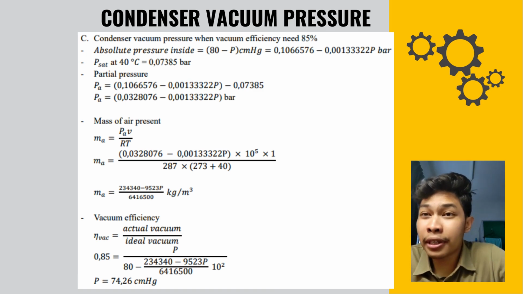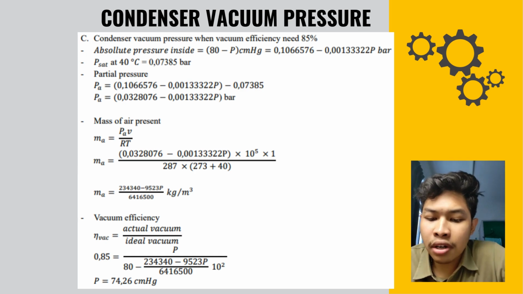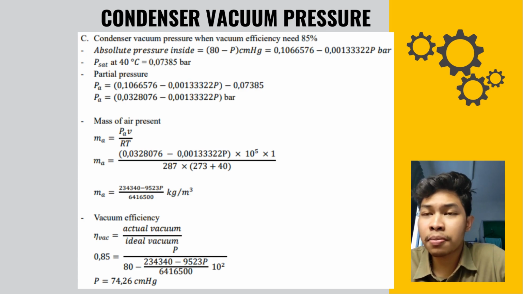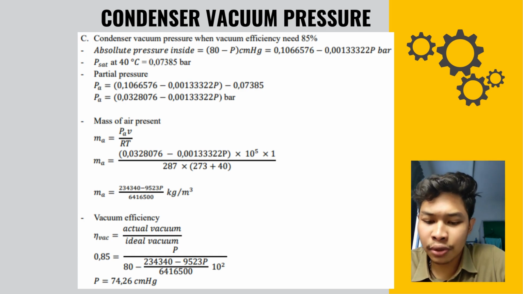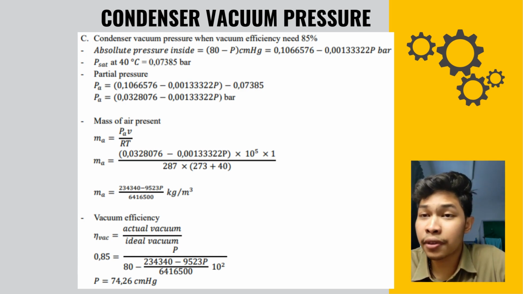The third question is the condenser vacuum pressure, and in this solution we call it variable P. First, we have to know the absolute pressure inside, which is the barometer reading pressure minus P, so there is a variable inside that value. Second, we need P saturation at 40 degrees Celsius, which we get from the table.